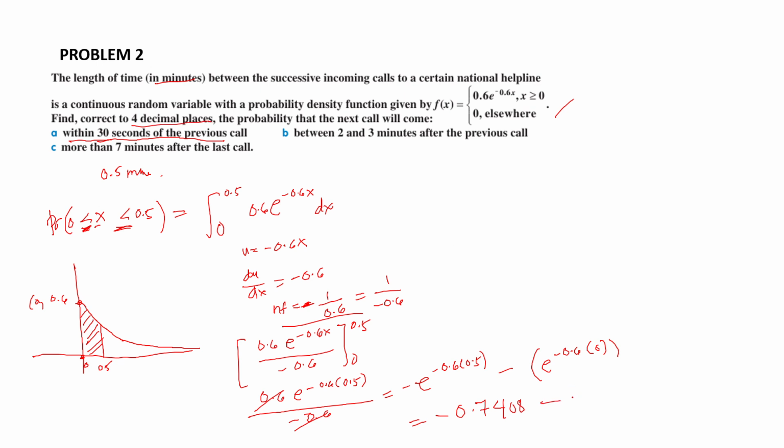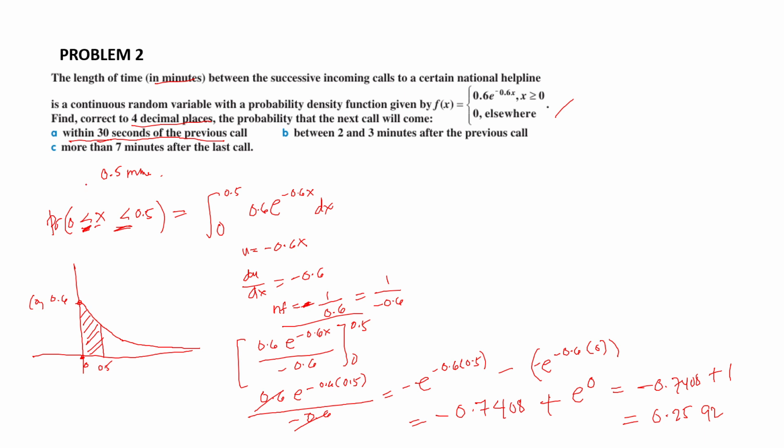Minus, this is e raised to 0, so e raised to 0 is equal to 1. So we have here negative 0.7408, and this is negative, so to change the sign, this becomes plus. So plus 1, minus 1, that is 0.2592. So this is how to solve for letter A.